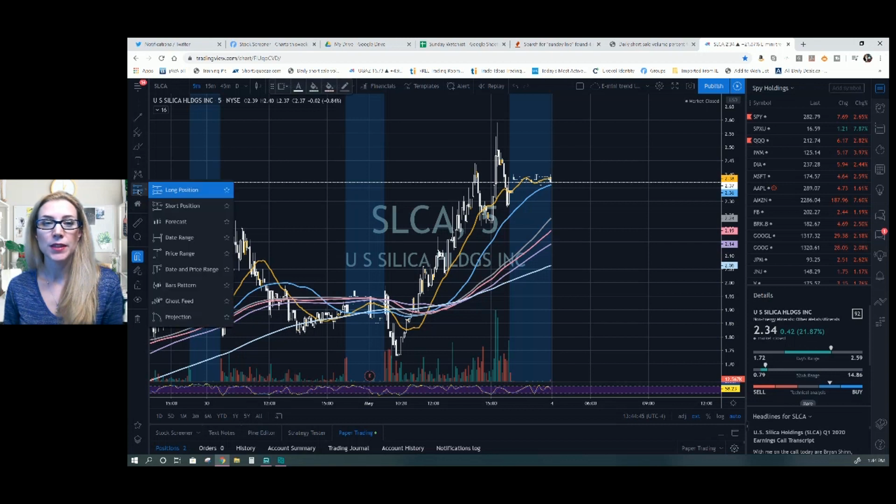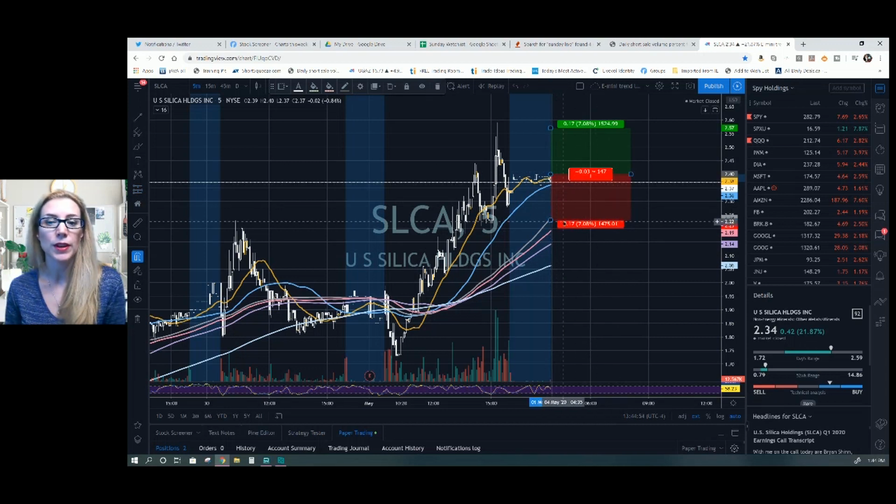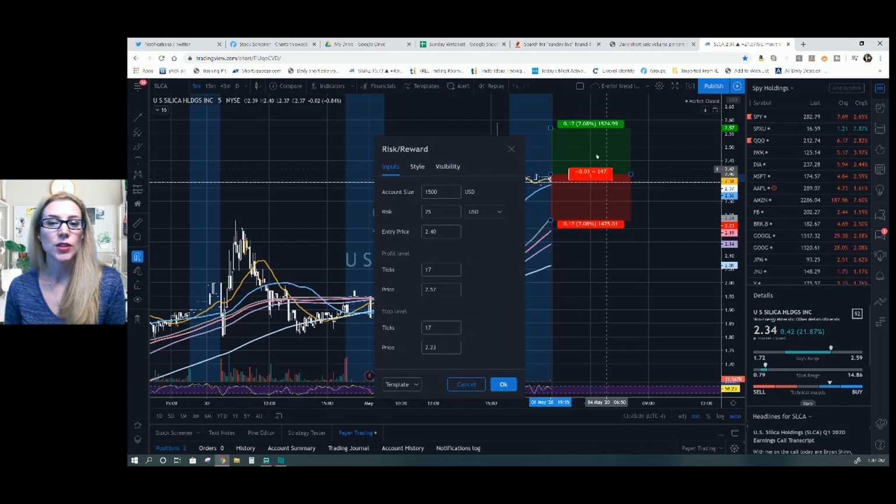So same scenario, we potentially want to go long 240, right? And we want to have that 1-to-3 ratio. We'll go in here to our settings, and our risk says $25, right? So if we have 240, we'll put 1500 divided by 240, it's going to be 625 shares.